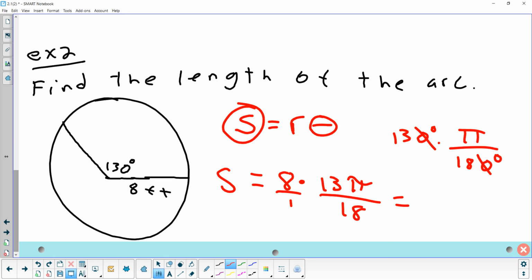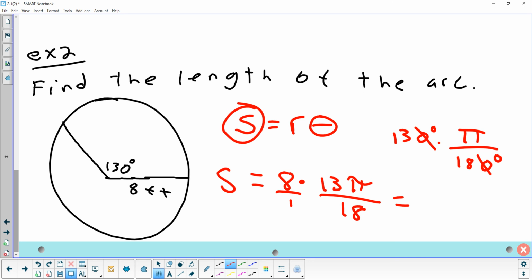Okay, Autumn, anything I can reduce here just to make these numbers a little smaller? So if you look, is there any number that would divide into something in the top and something in the bottom? 2 can go into the 8 and 18.